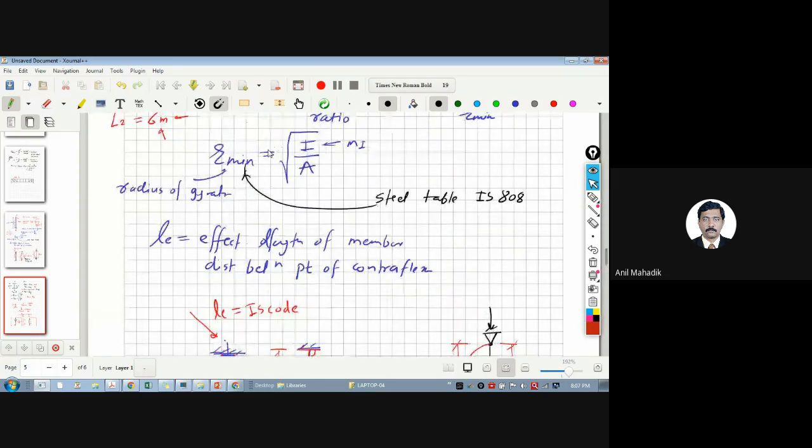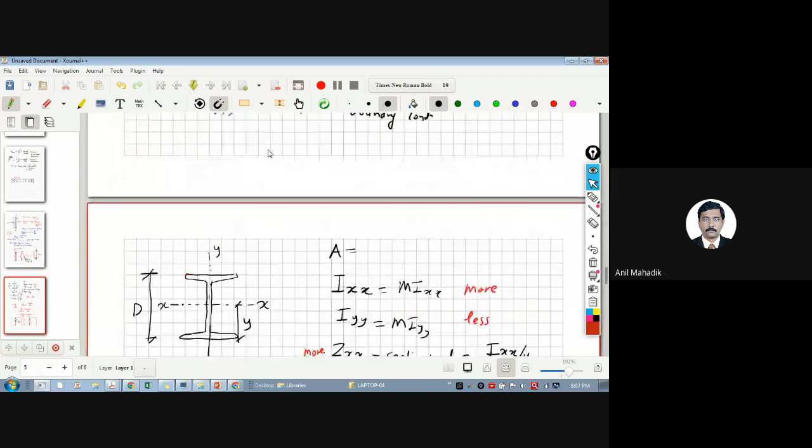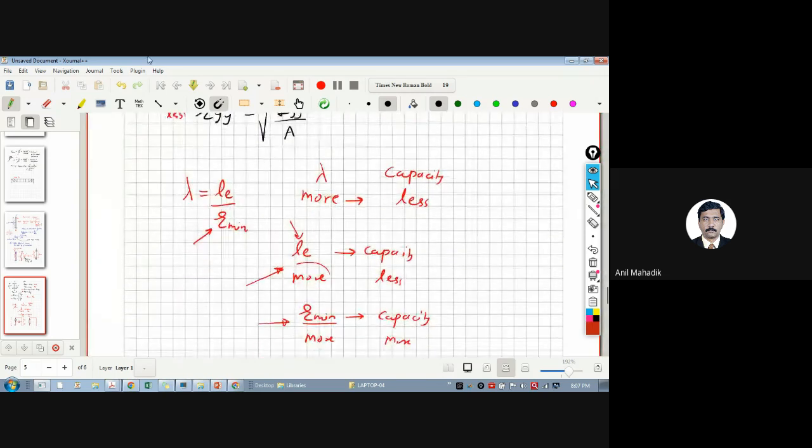Now I think everything is clear. Now we have also learned that the capacity is depending on the lambda value, which is L by R. So if the lambda is more, capacity is less. That means sigma AC permissible will be less या more. कम रहेगा ना, capacity less मतलब this is less.